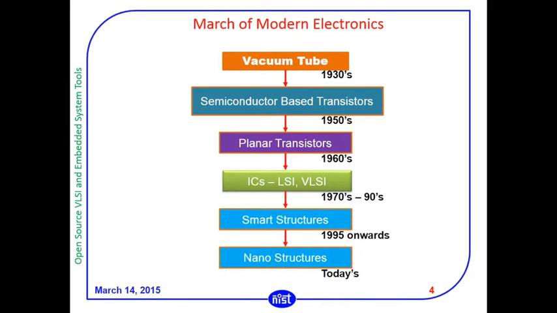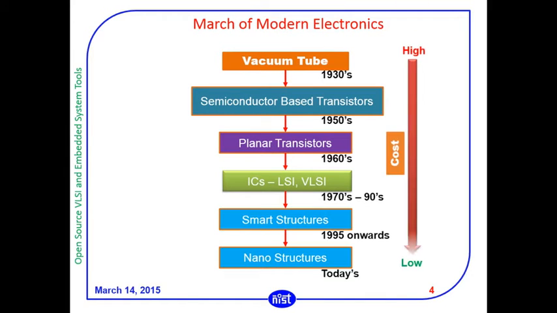As I showed you, these are nanostructures. Today's technology is at 18 nanometer, 35 nanometer. To have that technology, you cannot work by hand and must use an automatic process. VLSI tools are one of the media through which you can design such ICs.